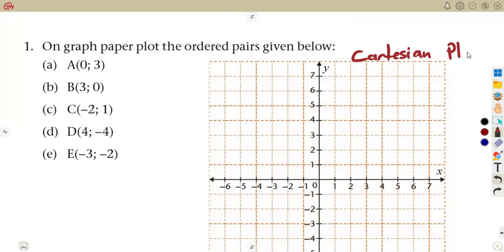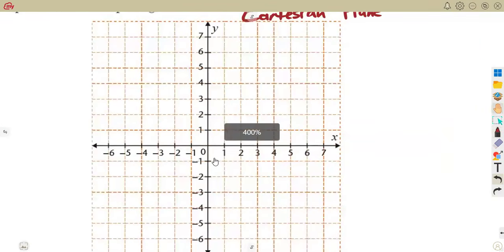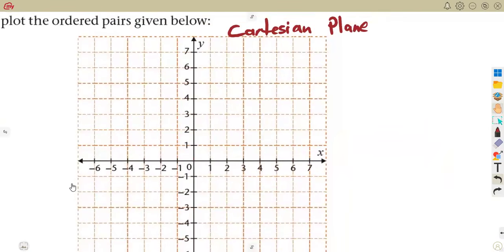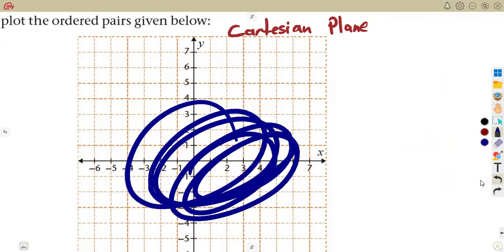This Cartesian plane that we are seeing here is very, very important in our mathematics, as we can see that we are focusing on it as a class. Meaning to say, if you understand this Cartesian plane, everything is going to be easier, because the presentation of any graph that you're going to draw is on this Cartesian plane.